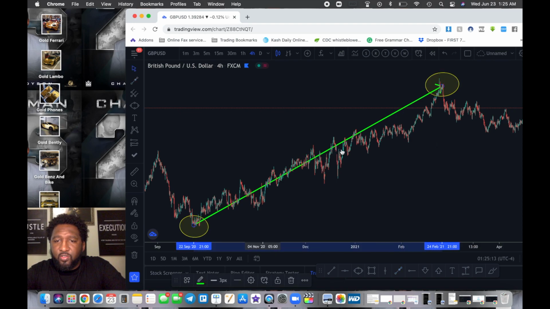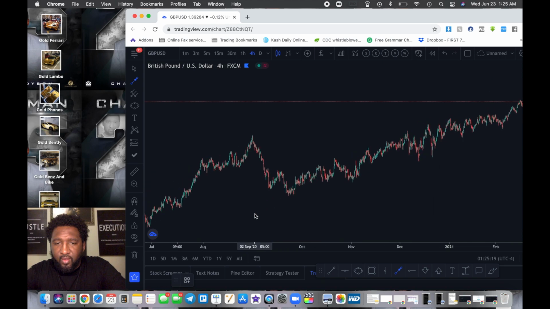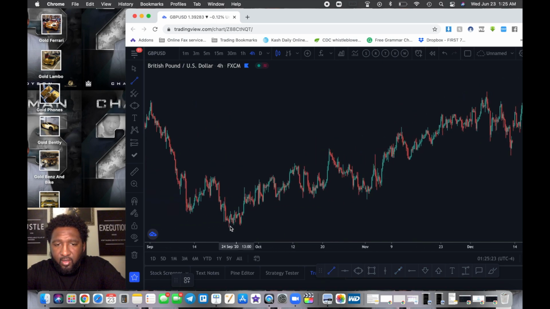But it didn't move in a straight line, right? Just like I just showed you. What did the market do the whole entire way up? Overall, it went up. Overall, and down, and up, and down, and up, and down, right?